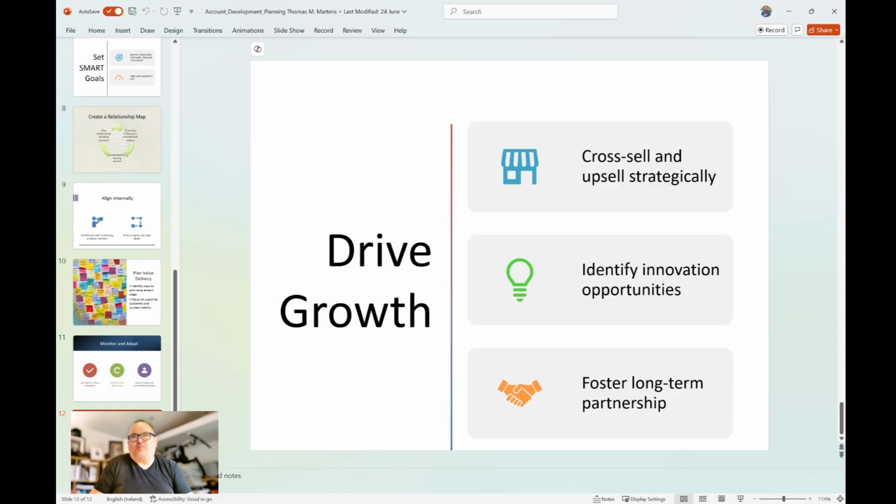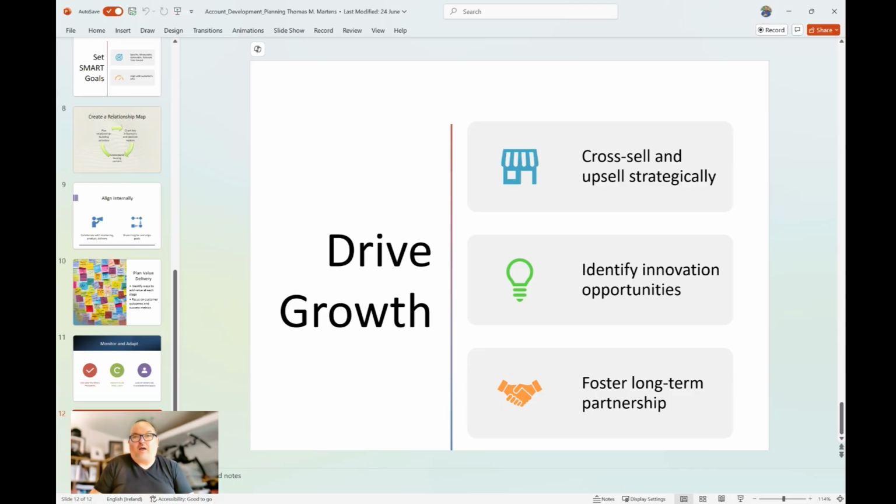Identify innovation opportunities. These days, everyone is talking about AI, artificial intelligence. There are several opportunities out there where the customer needs AI, and you will find them in the different departments.